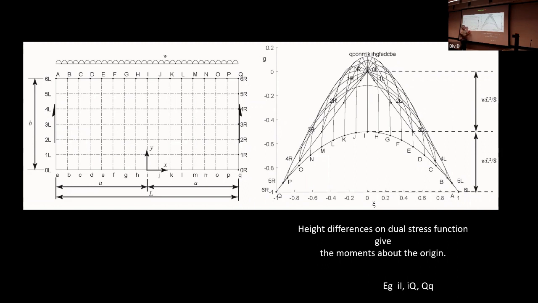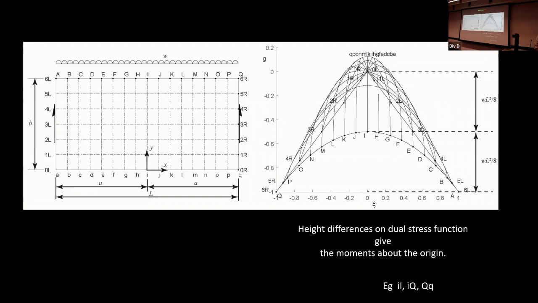It's also going to be WL squared upon 8. So the vertical distance between Q and I is also WL squared on 8. And then if we go Q to Q, which is over here, we got W upon 2 times L upon 2, which is WL upon 4. So that's the full height, for example. So all the moment information is included there.